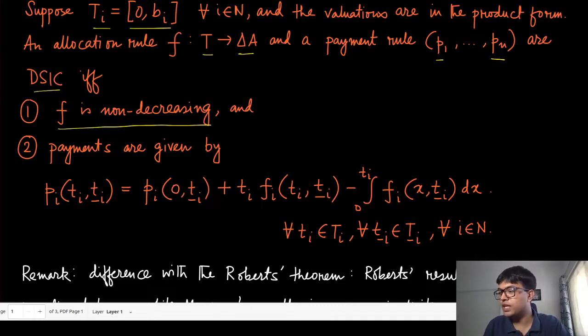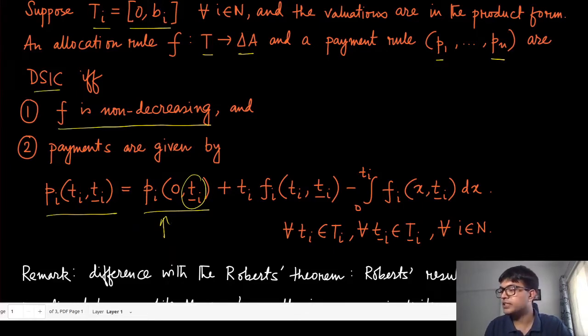The first part denotes the payment for agent i when the type profile is (t_i, t_{-i}). It has one component which is a constant from the view of player i. It may depend on t_{-i}, but because from the view of player i the types of the other agents are held fixed, it is like a constant for that player. So we will typically refer to this as the constant component of the payment function.